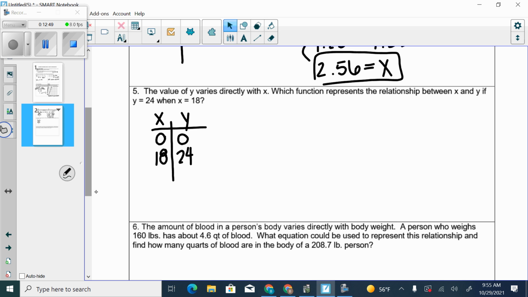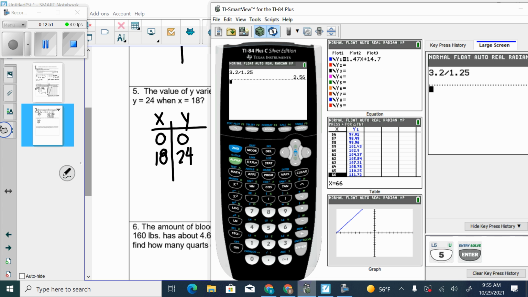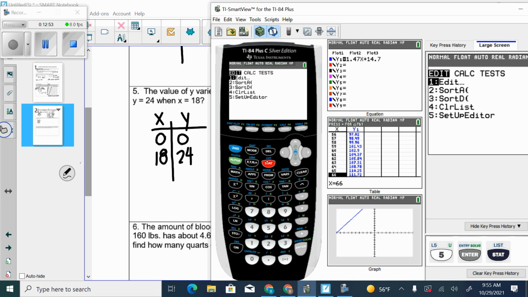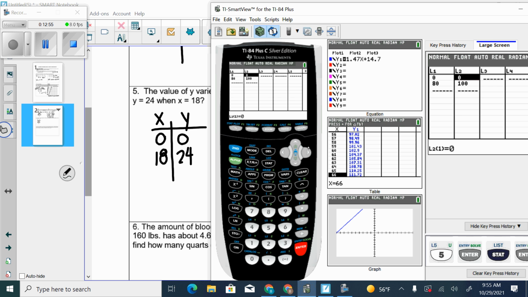So we go in to our lists and we type in those values. So I got a 24 in y and an 18 in my list with x, but it still has that coordinate point 0, 0.